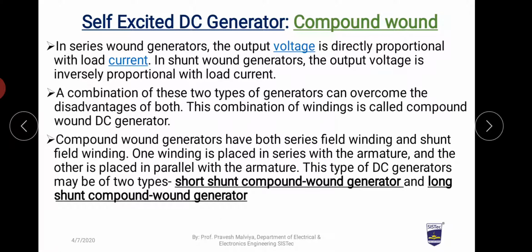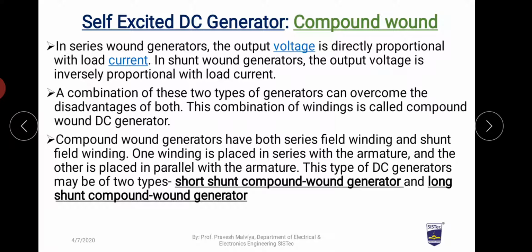So series and shunt, both types of generators have their own issues, their own technical problems. In series wound generators, the output voltage is directly proportional to the load current. In shunt wound generators, the output voltage is inversely proportional to the load current.